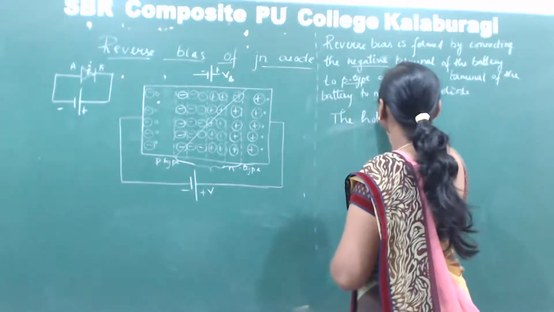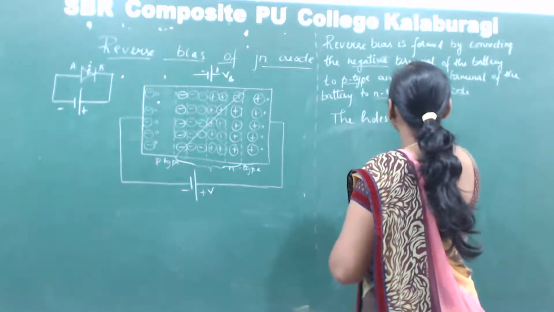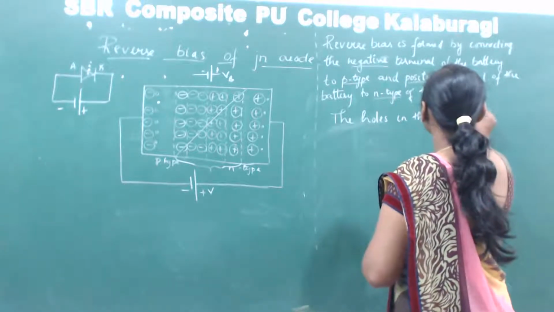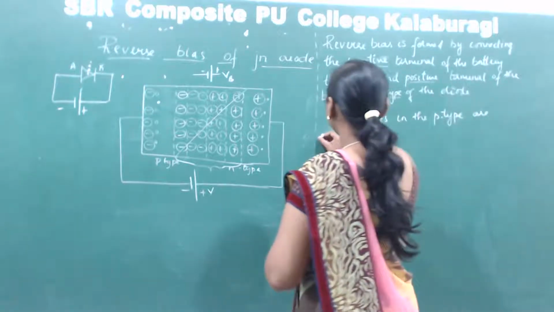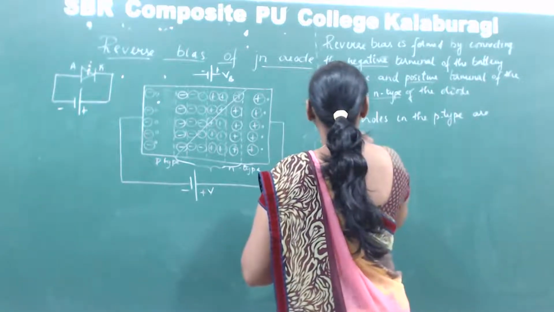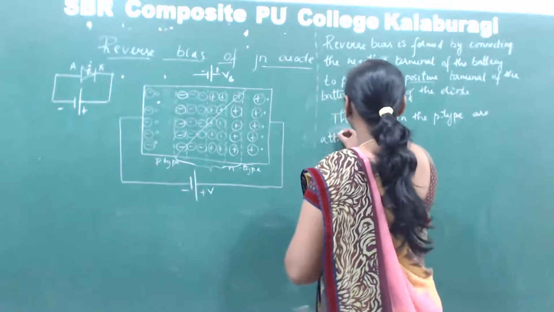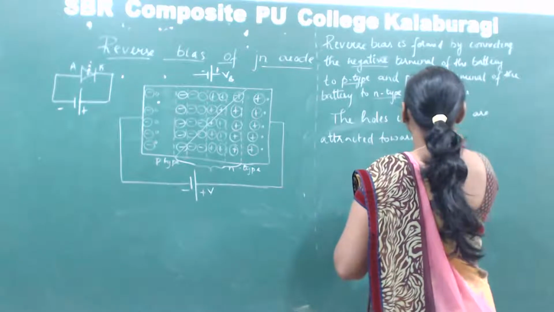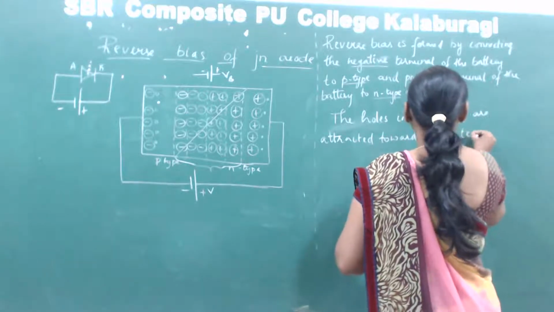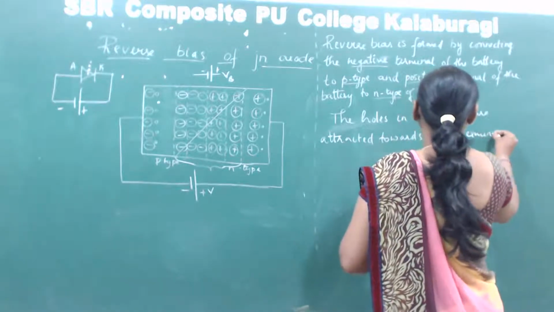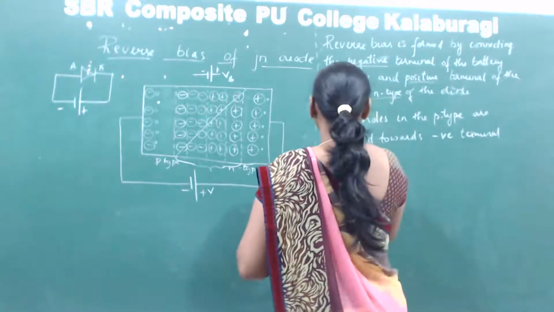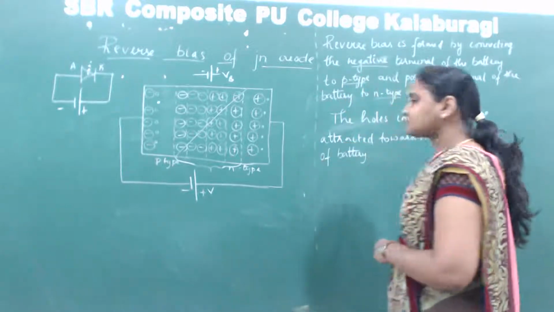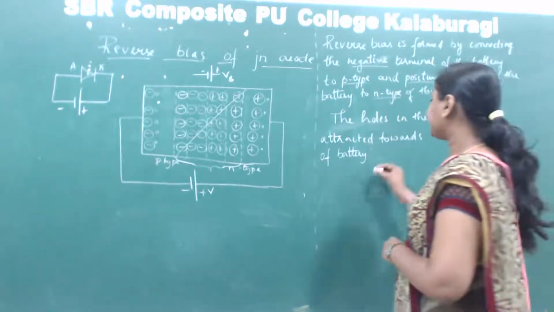The holes in the P type are attracted towards the negative terminal of the battery.